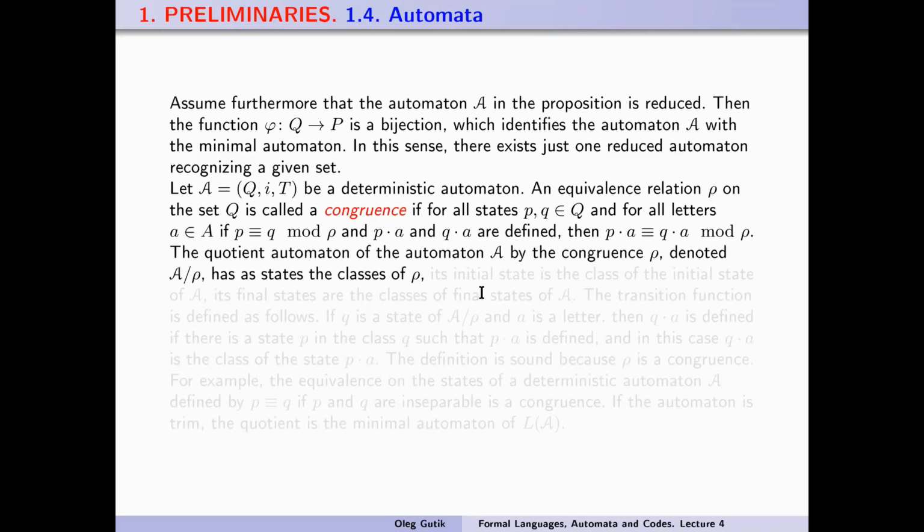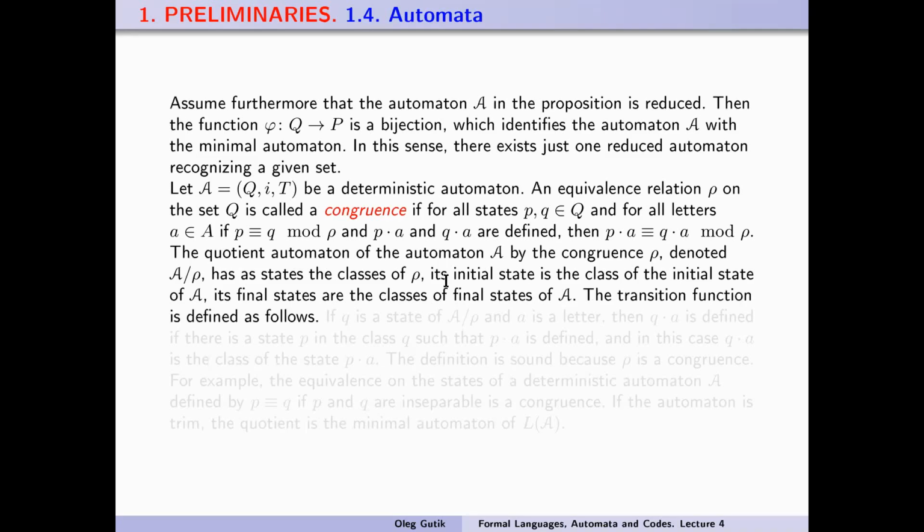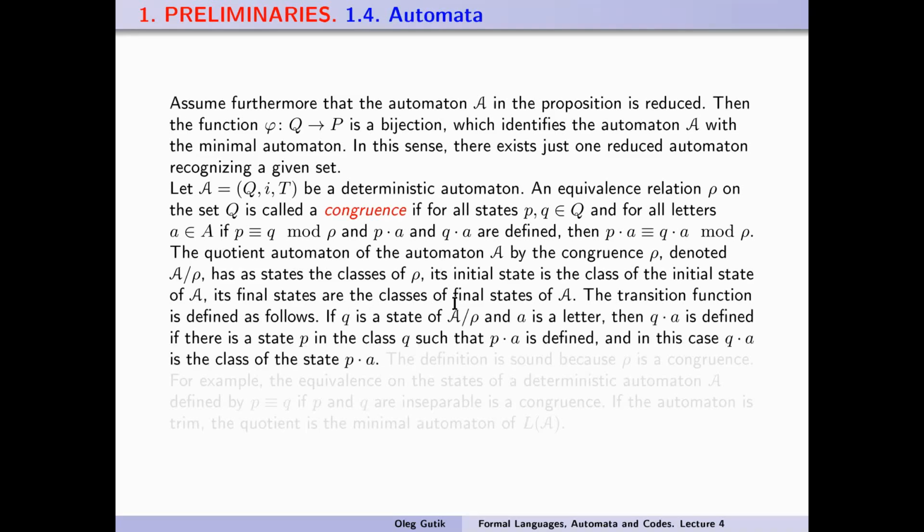The quotient automaton of the automaton A by the congruence ρ has as states the classes of the congruence ρ. Its initial state is the class of the initial state of automaton A. Its final states are the classes of final states of automaton A. The transition function is defined in the following way.